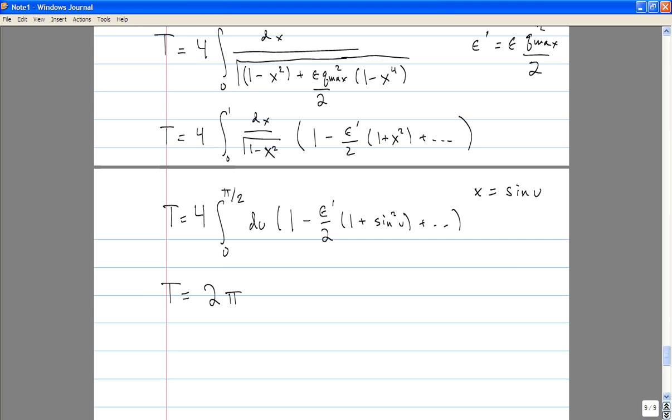And then there's this next term, so there's 1 minus epsilon prime. Okay, I can do this. Let's stare at this for a second. So 2 pi minus 2 epsilon prime times the integral from 0 up to pi over 2 of 1 plus sine squared u.